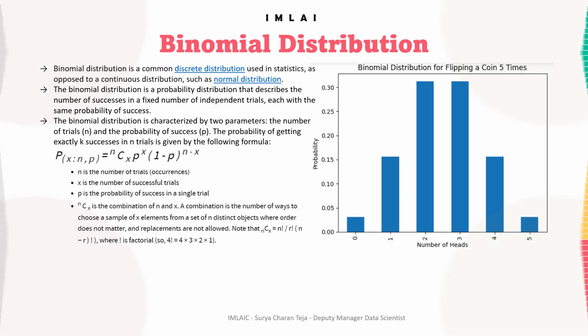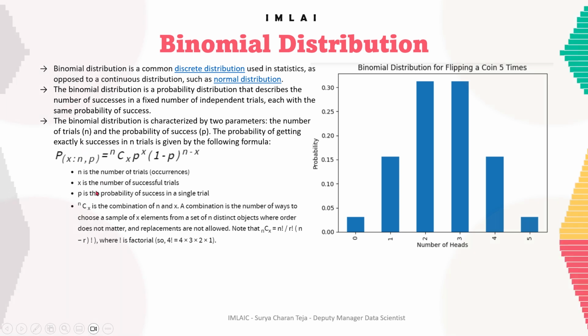This is the formula which calculates the probability of getting exactly k successes, or x successes. I told you k and x are interchangeable, so replace the k with x.